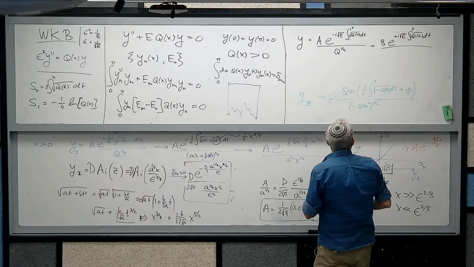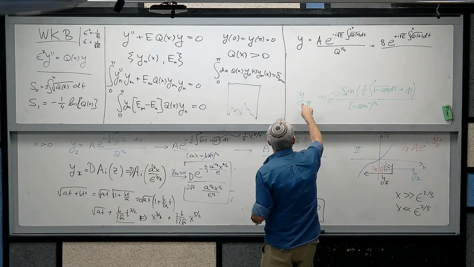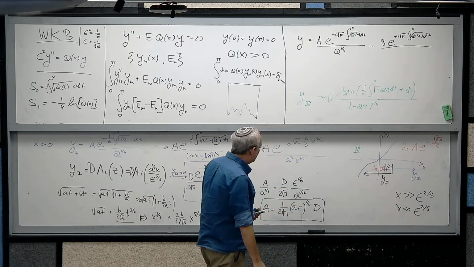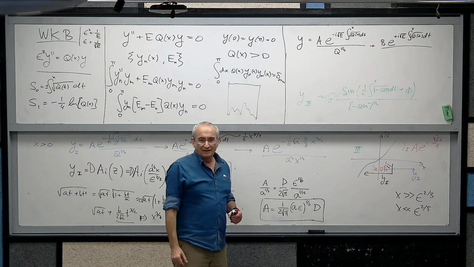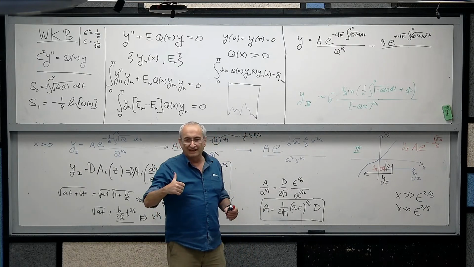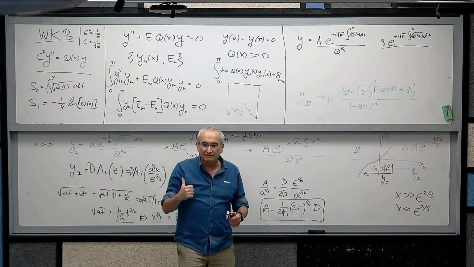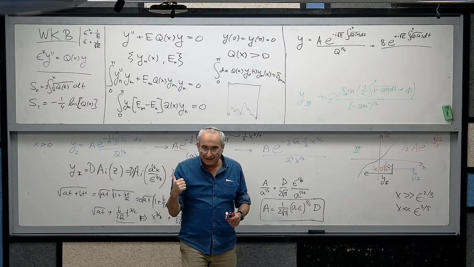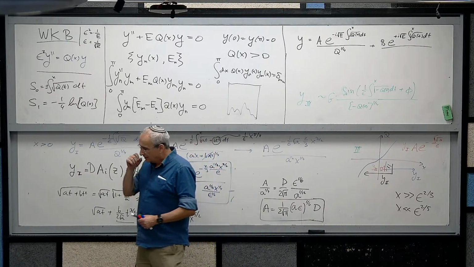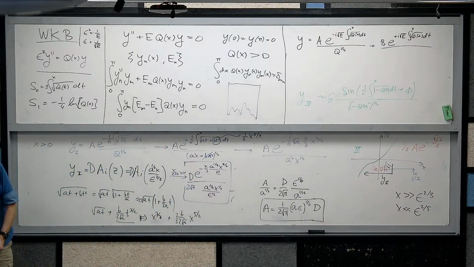And I have to match y3 to the asymptotics of the area at large negative argument.